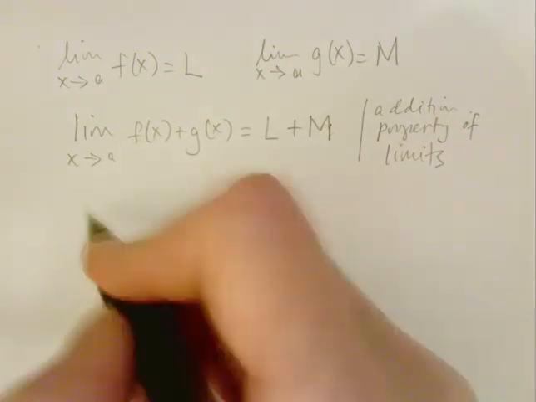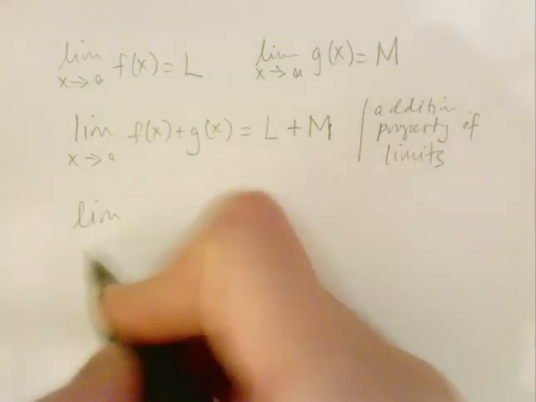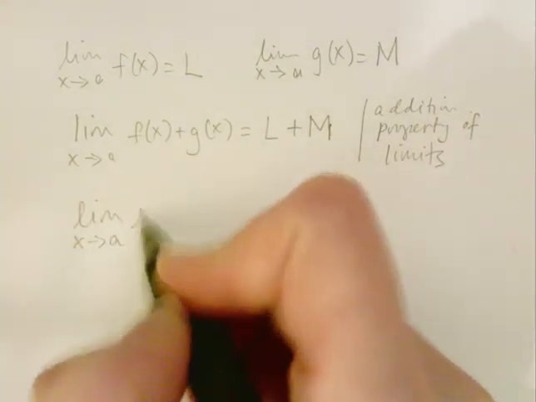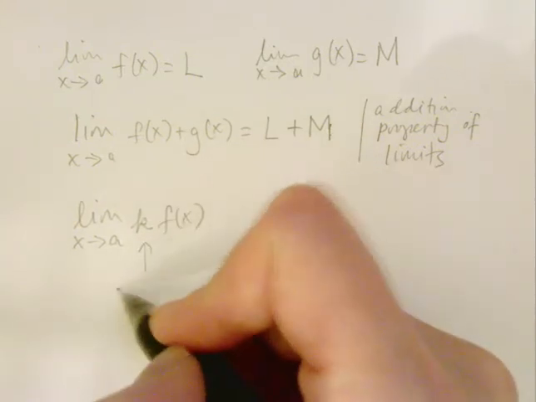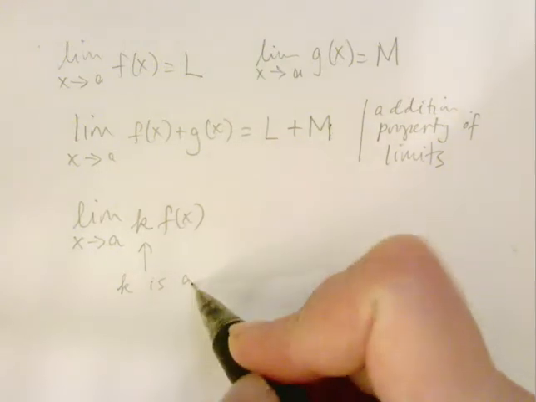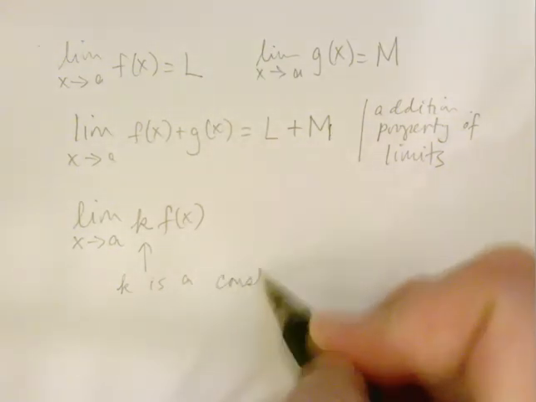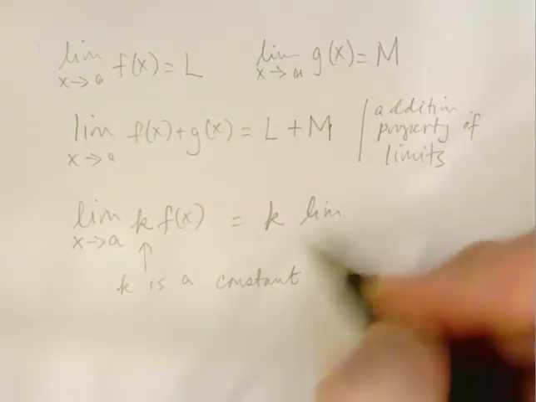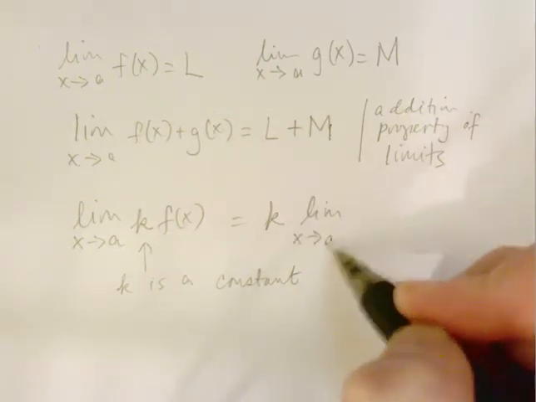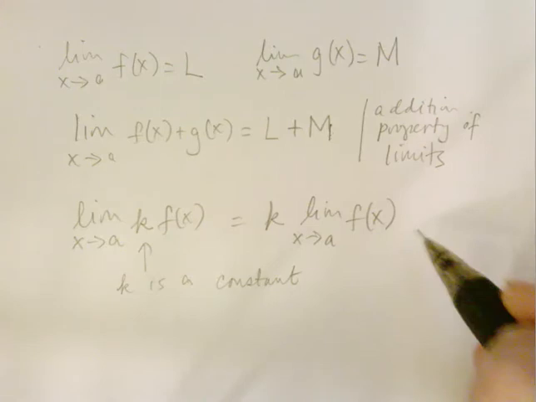And I'll just state one more, which is the limit as x approaches a of k times f of x, where k is some constant, equals k times the limit as x approaches a of f of x.